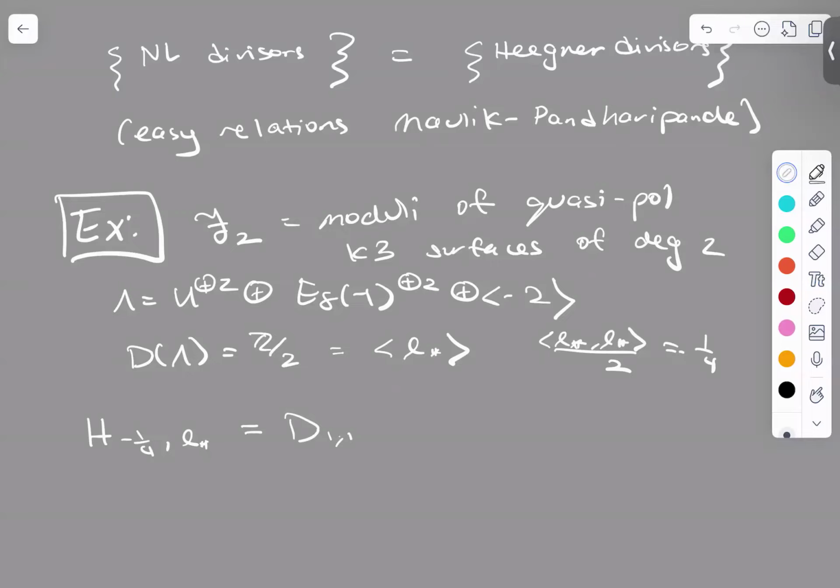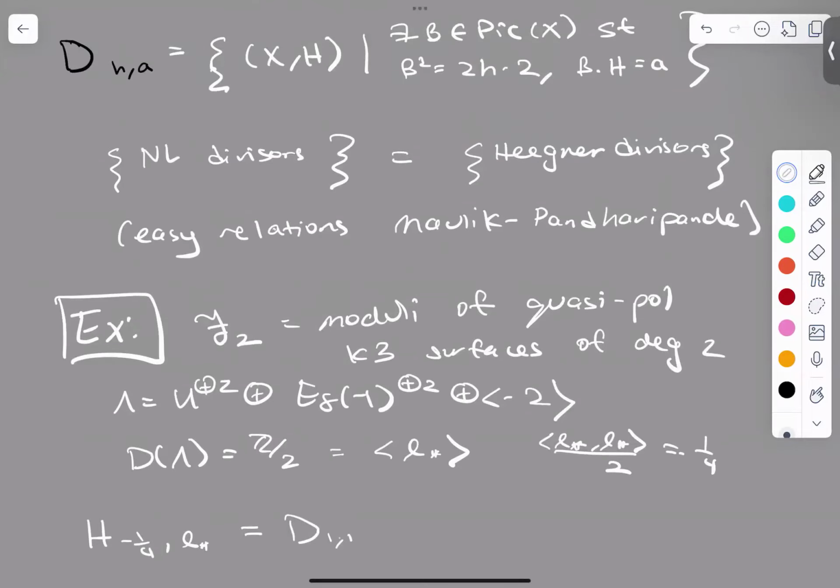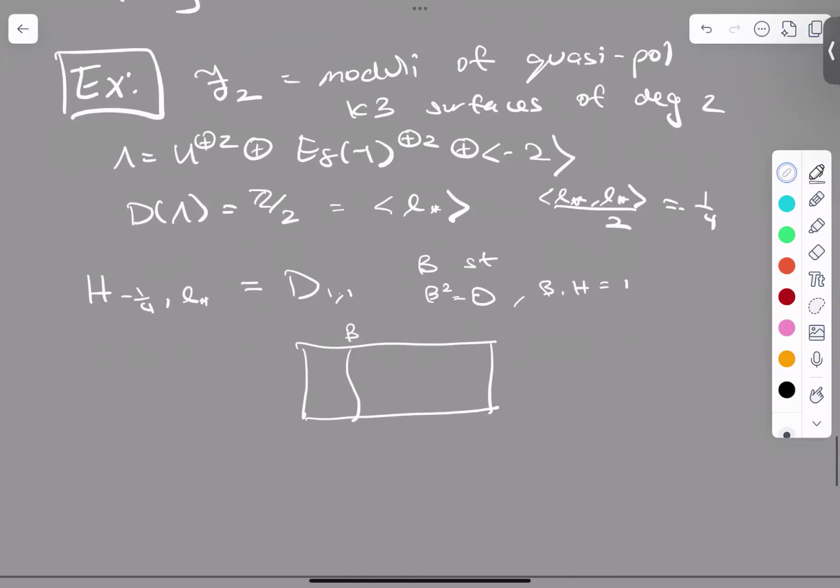And what is this? I said D11, and if I scroll up a little bit, you can see it says that I'm supposed to have a class beta such that beta squared is equal to 0 and beta dot h is equal to 1. So if I'm interested in the totally geometric picture, what is that telling me? If this is my K3 surface, I have a class beta that intersects my polarization with degree 1.